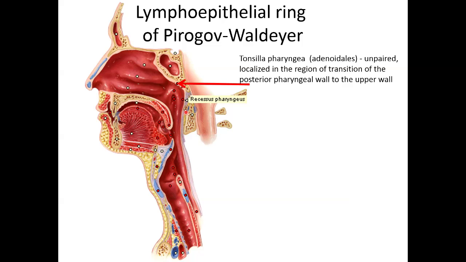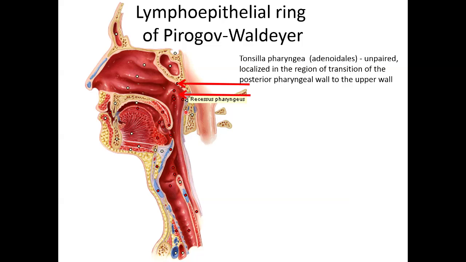This is the same. These tonsils are unpaired, single, and as it's written, it is localized in the region of transition of the posterior wall to the upper wall of the pharynx.